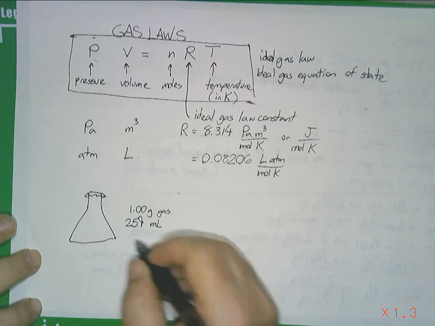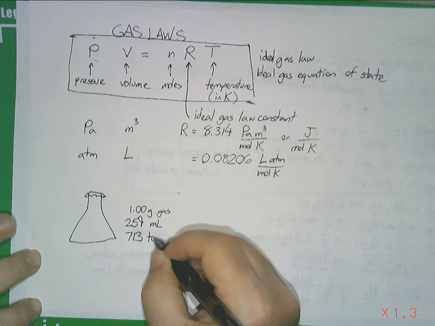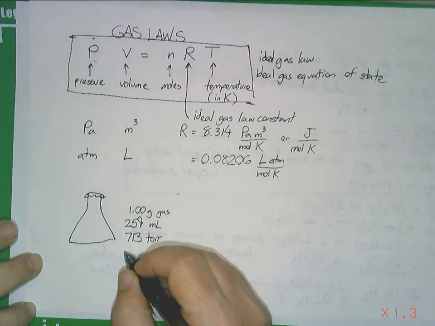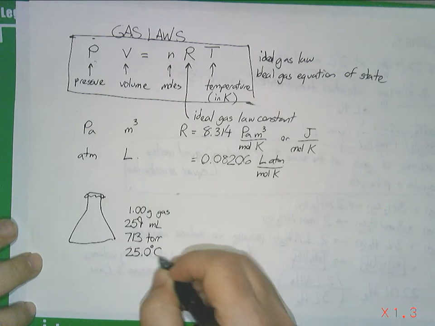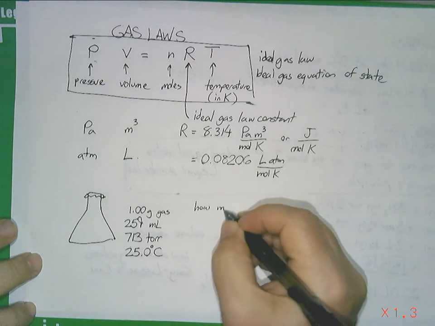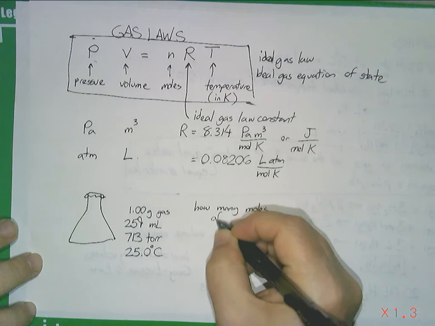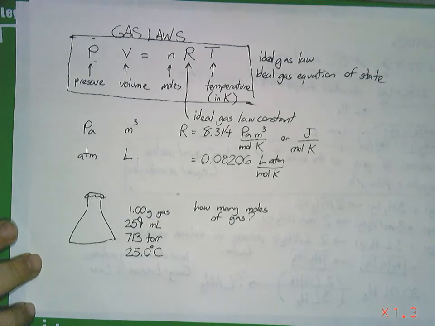And it is at a pressure of 713 torr, which is the typical atmospheric pressure that you see in Frostburg. And it's at room temperature, which is about 25 degrees Celsius. And I ask you, how many moles of gas do you have in that flask?